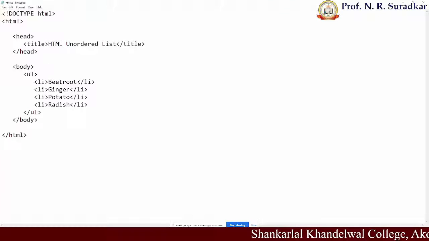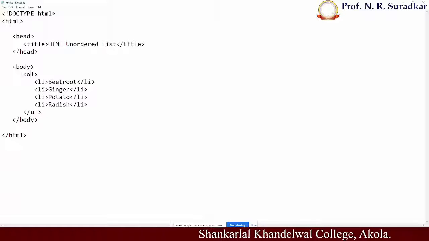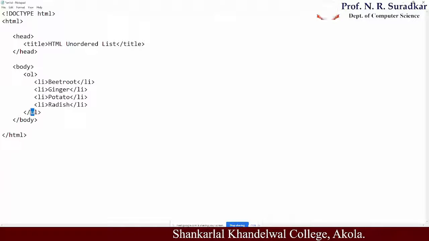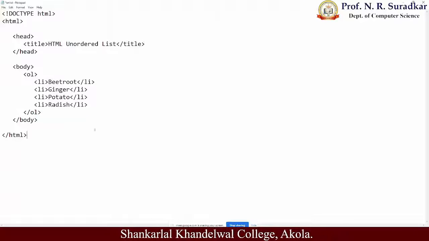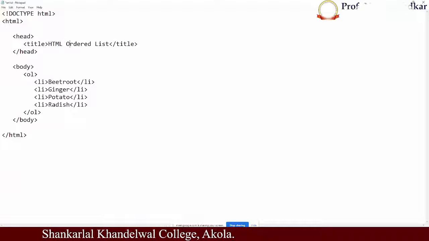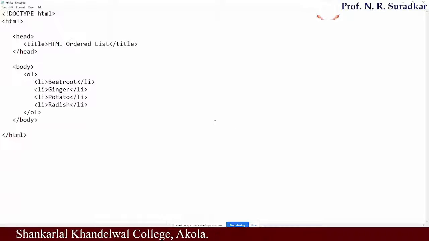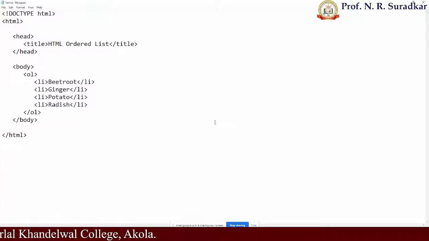In place of UL, use OL, the characters OL for ordered list, and here make the change in the name of your web page, that is an HTML ordered list tag.